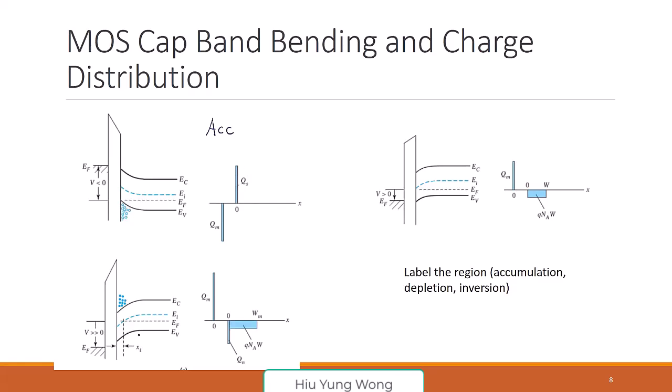How about the top right? What is that? Depletion or inversion? Depletion, right? Because the bending is not enough, so the Fermi level is still close to EI. We don't have holes and we don't have electrons. And eventually the bending is enough and the conduction band is very low and it becomes inversion. We have the maximum depletion width and then you just start accumulating electrons.